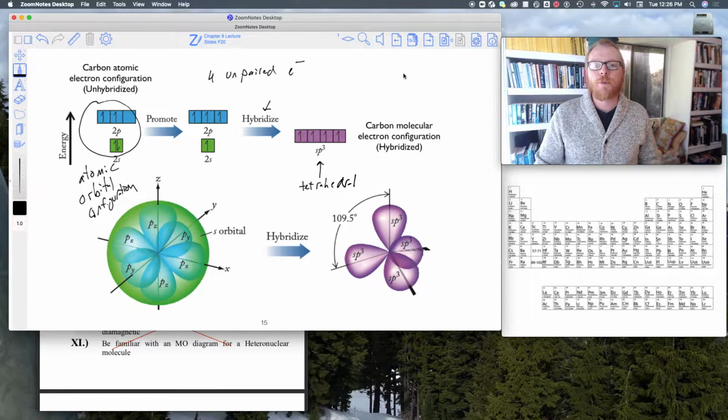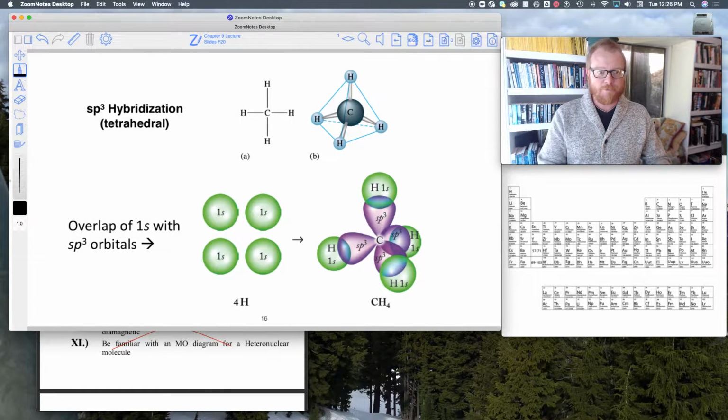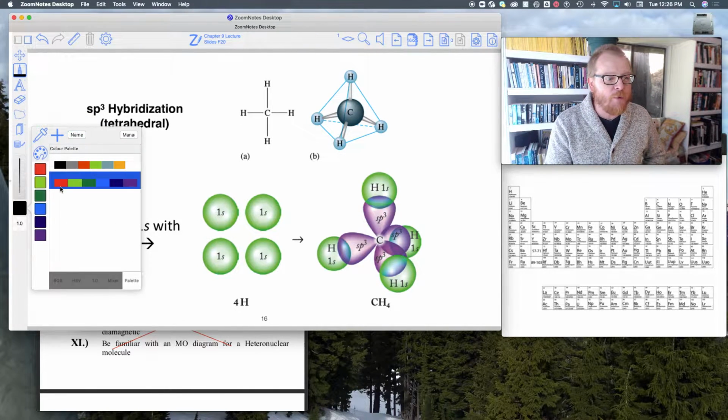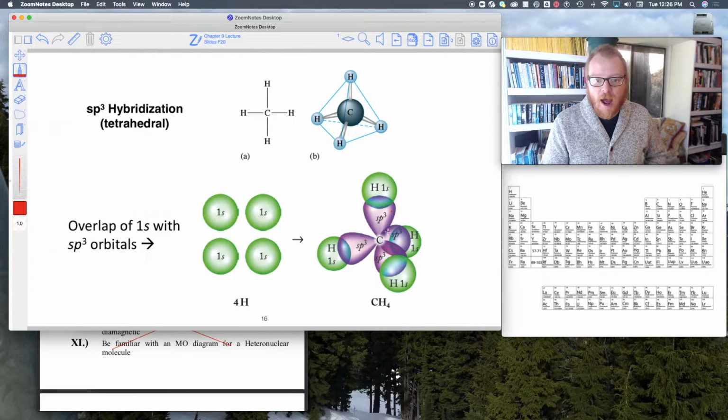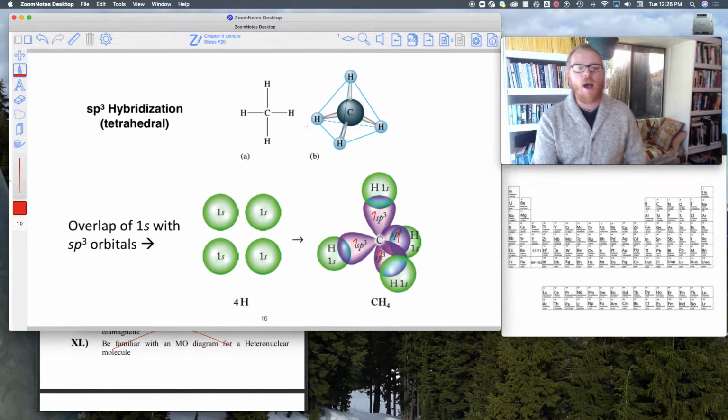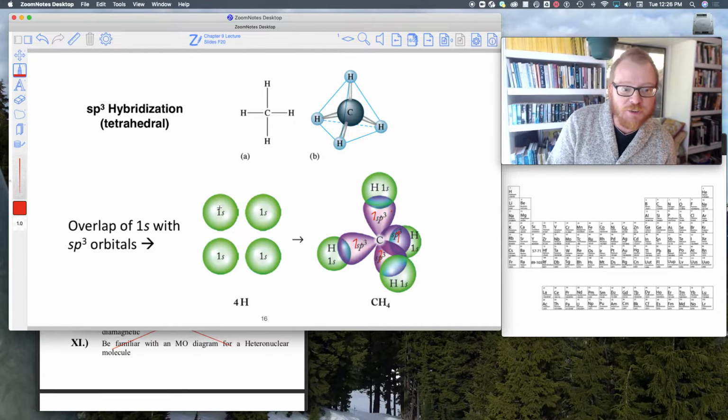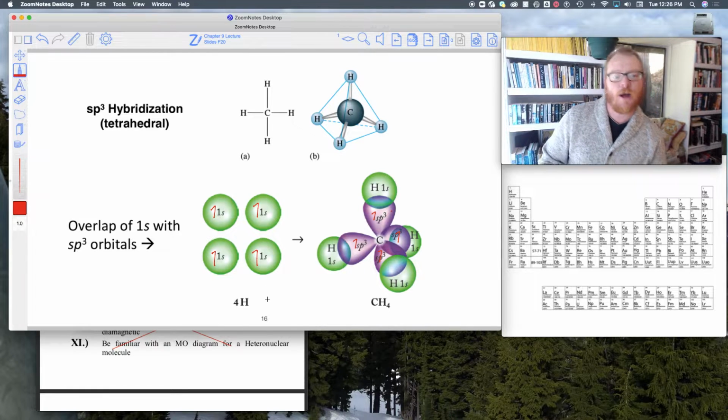And now, moving forward, I've got a half-filled orbital, so I've got 1 electron in each one of those sp3. Remember, we've got 4 unpaired electrons in carbon, so there's 1, and there's 1, and there's 1, and there's 1. And now each of these hydrogens is 1s1, so I'm drawing these arrows to represent electrons.